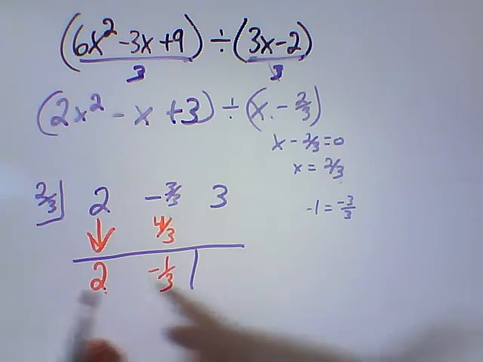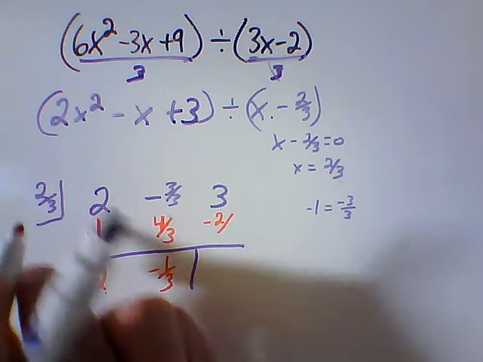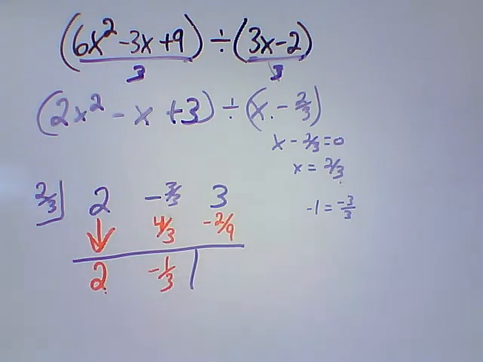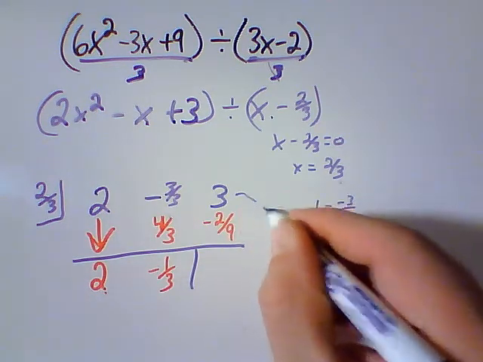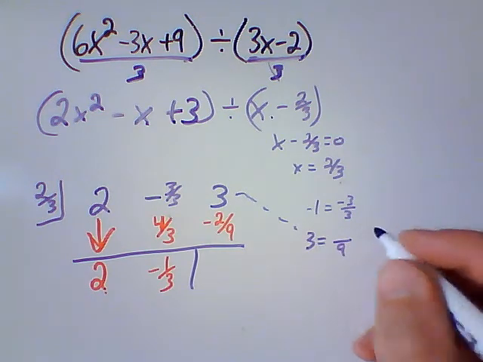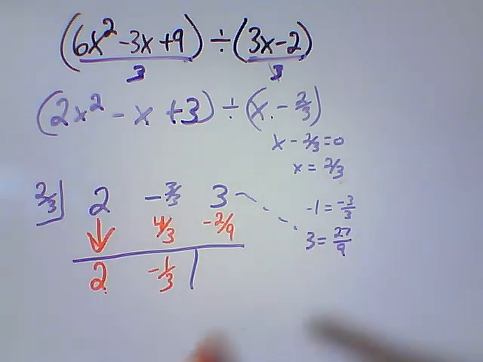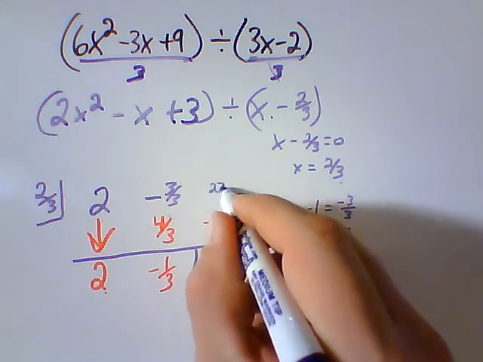Oh joy, 1/3 times 2/3. 2/9. 3 times 2/9... Travel over here. 3 is the same thing as what over 9? 27. 27 divided by 9 is 3. So I change that guy out to 27 over 9.